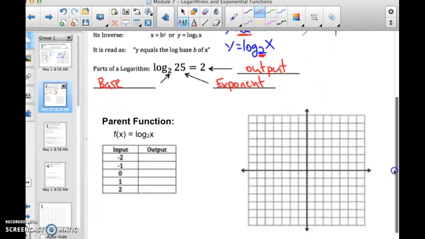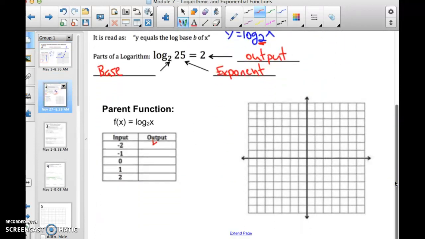So I know these answers. -2 is the 1/4, -1 is 1/2, 0 is 1, 1 is 2, 2 is 4, 3 is 8, and 4 is 16. Now, I can switch them though. If you remember, this was an x and this is a y for the exponential function, so I can just switch these over. So my x's are now the outputs and my y's are now the inputs, all right?